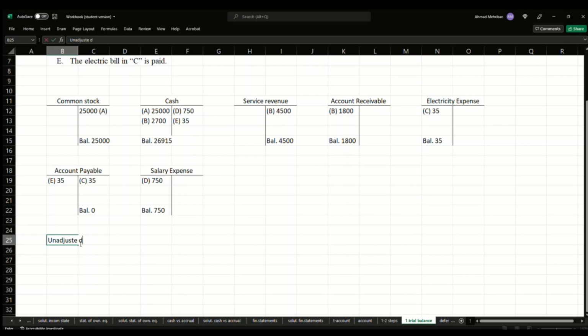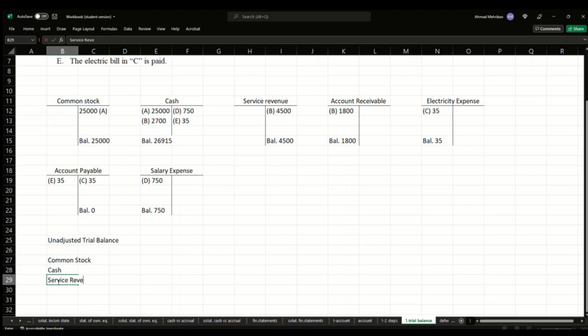Unadjusted trial balance. The first information is common stock, and then we have cash. I'll just list basically every single account here.